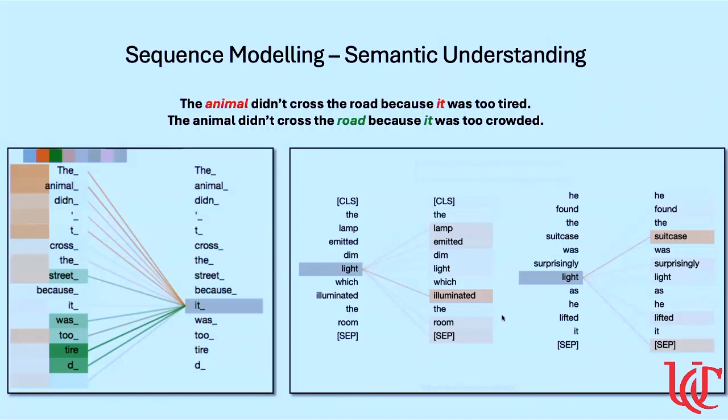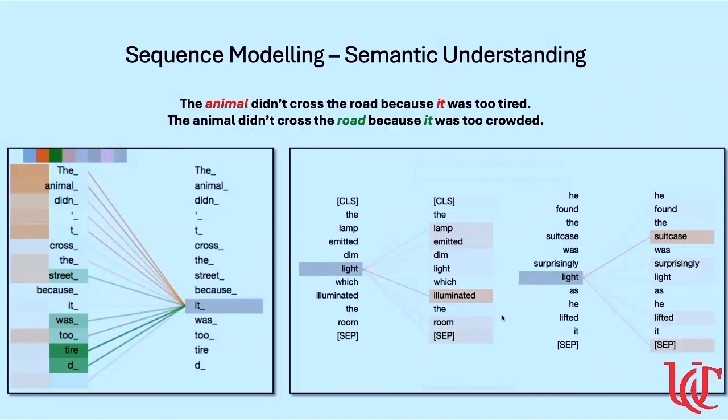Essentially, one good part about transformers is they are very good at understanding semantics in a particular language. For example, let's take these two sentences: the animal did not cross the road because it was too tired, and the animal did not cross the road because it was too crowded. In both of these sentences, the word "it" in one sentence refers to the animal, and in the other sentence refers to the road.